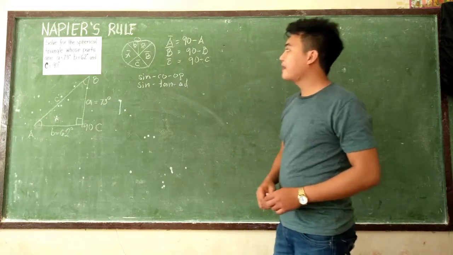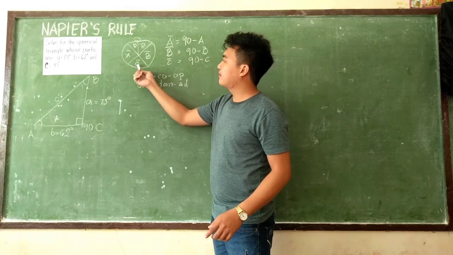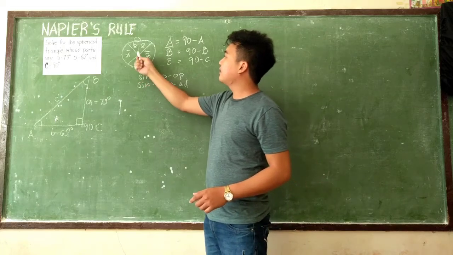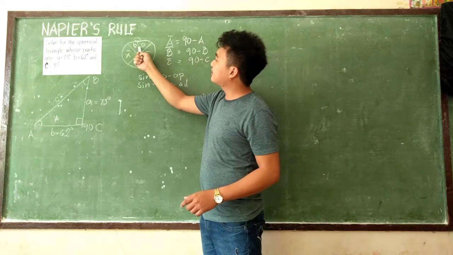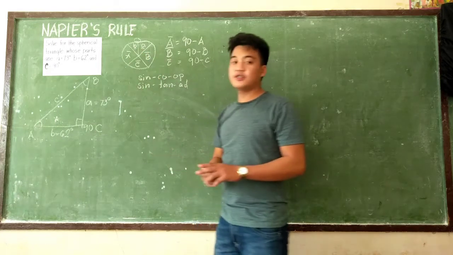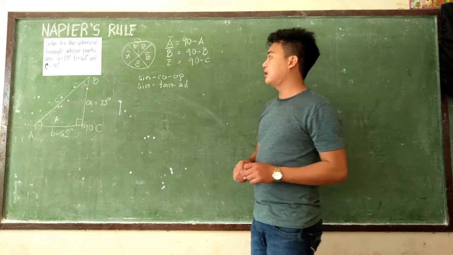So at this time, we can find the value of C bar. Since the given is A and B, these are the opposite of C bar. So we can use the sin co rule.